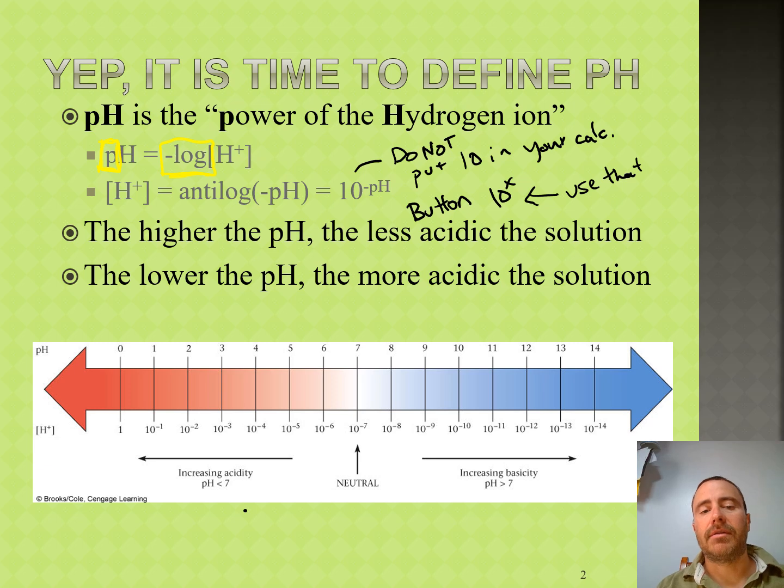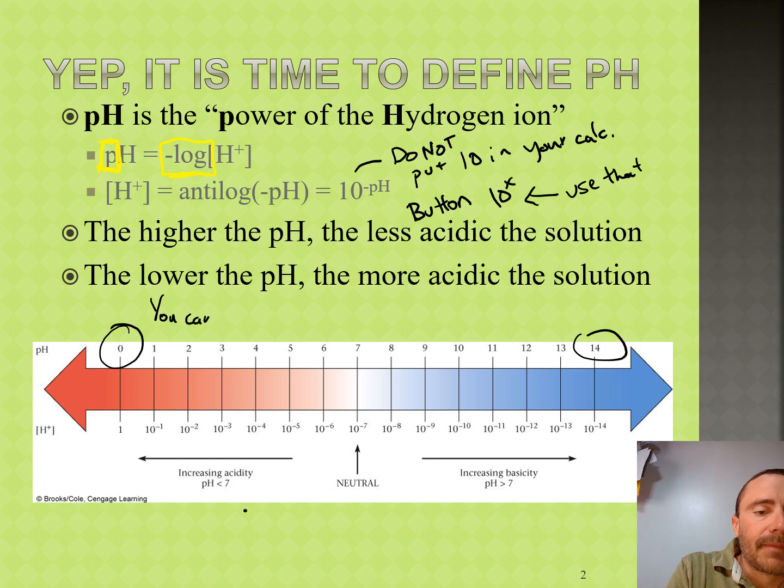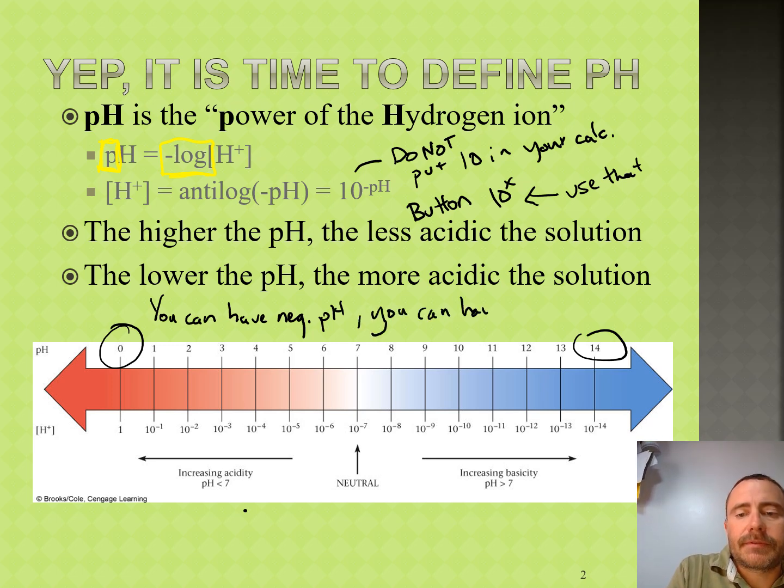The higher the pH, the less acidic the solution is, and another way of saying that is the more basic. The lower the pH, the more acidic our solution is, or the less basic. Notice that pH scales are generally going to go from 0 to 14. But I want you to know you can have negative pHs, and you can have pHs greater than 14.